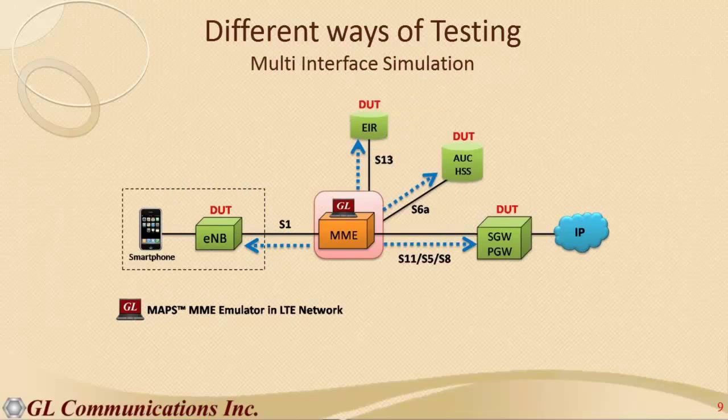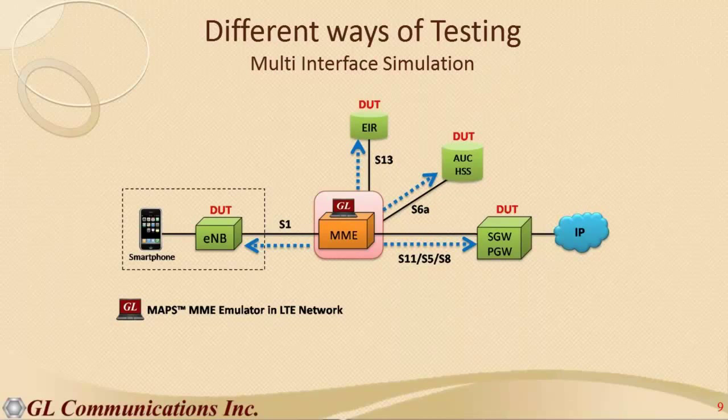When we go to the next one, it's a multi-interface simulation. How is this different? The user has DUTs called eNodeB, HSS, SGW, PGW, but he wants the MME to be simulated. Then GL even provides the flexibility that the MME can communicate with the different interfaces or different applications on the network.